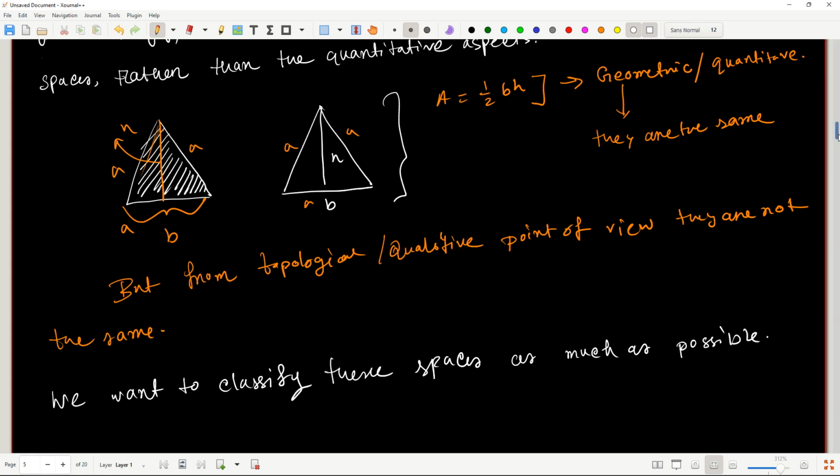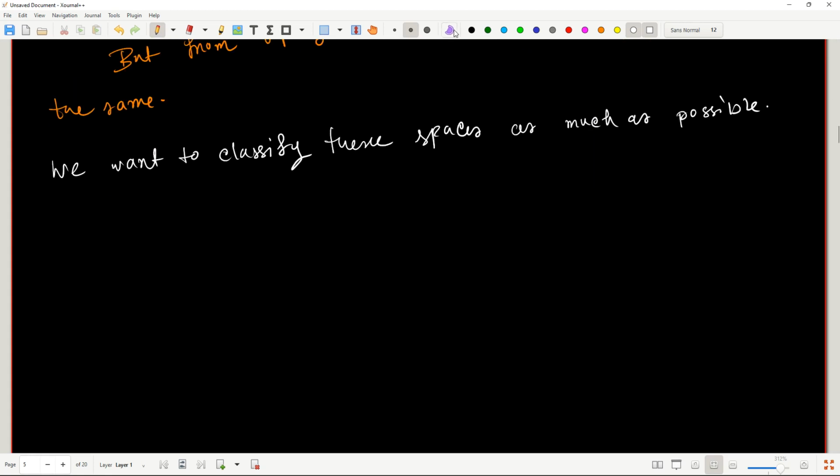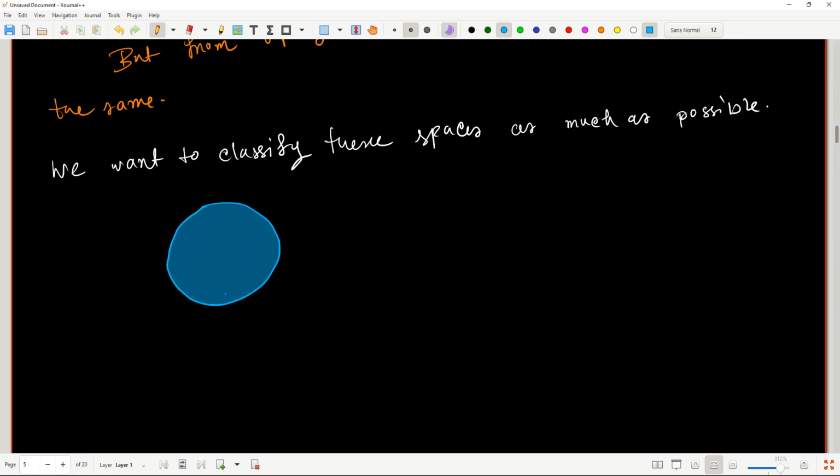How can we do that? Let's take another example. Let's consider a disk like this one, and let's consider another disk like this, similar to the disk we drew over here. Let's call this D1 to denote that this is disk number 1, and let's say this is D2, the disk number 2. However, disk number 2 has some hole inside it, and the rest of the region is filled up.